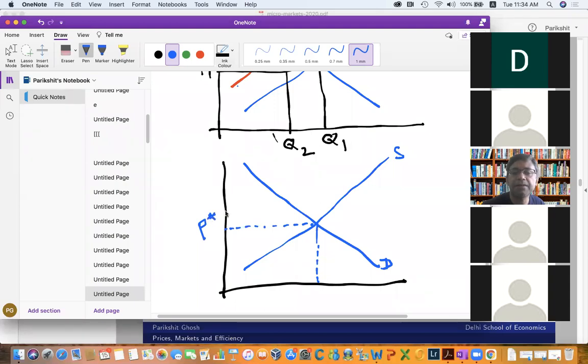Now we're talking about the market for agricultural land. So if some land is taken for the purpose of a factory, what has happened to the overall supply of agricultural land? It has shrunk, right? Previously there were 10,000 acres available for farming, and now 2,000 will go towards building the factory.